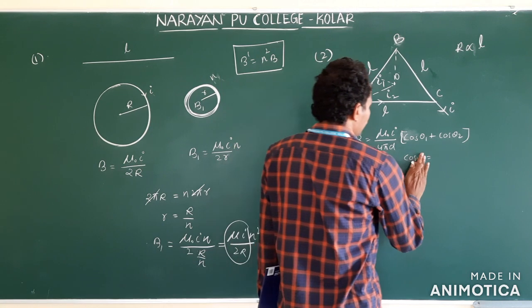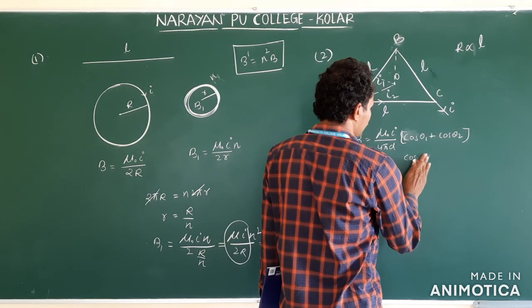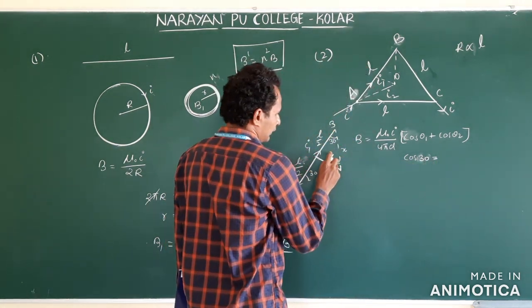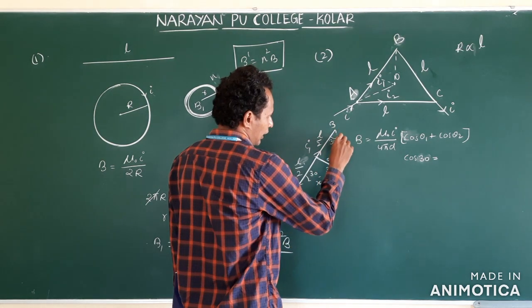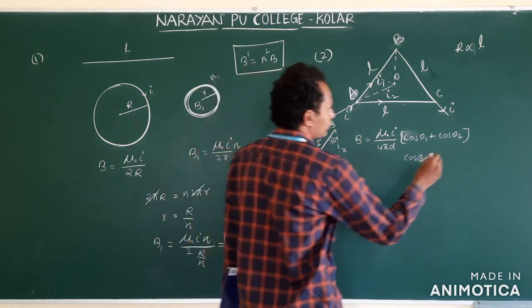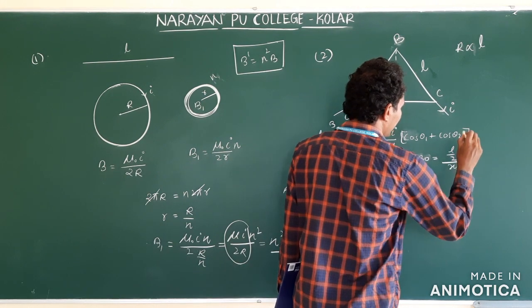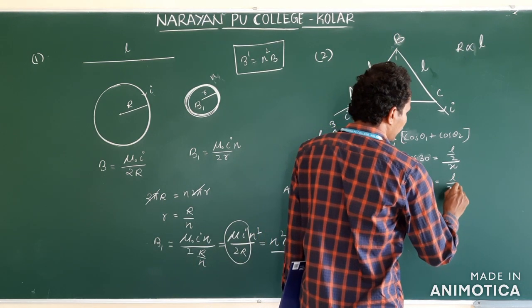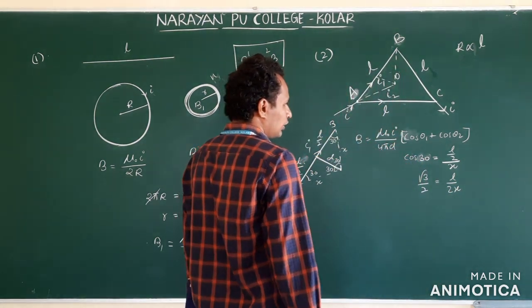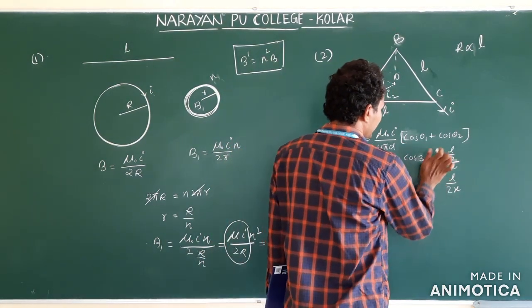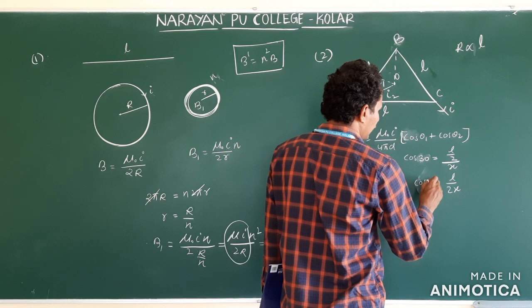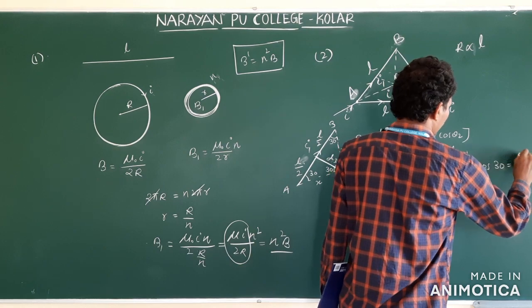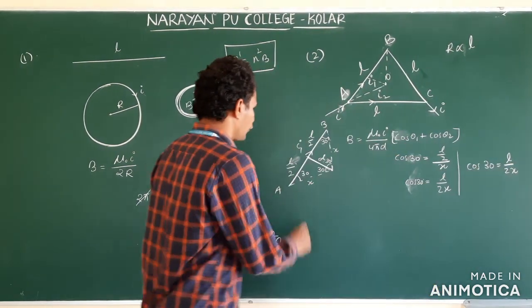So we get cos theta 1, that is cos 30, is equal to, this is the hypotenuse, this is the adjacent side, so L by 2 by x. Cos 30 is root 3 by 2, equal to L by 2x. Clear? Or you can write it directly. Similarly, cos 30 is equal to L by 2x for this.